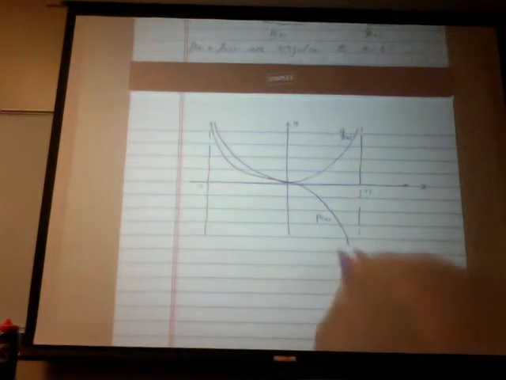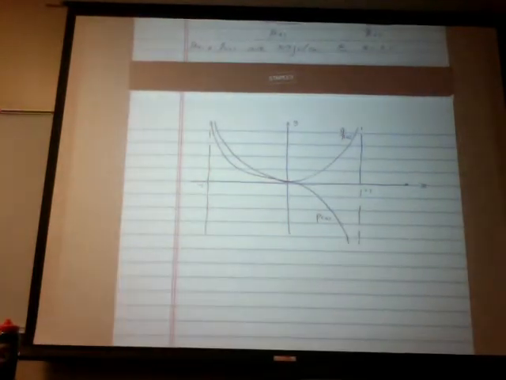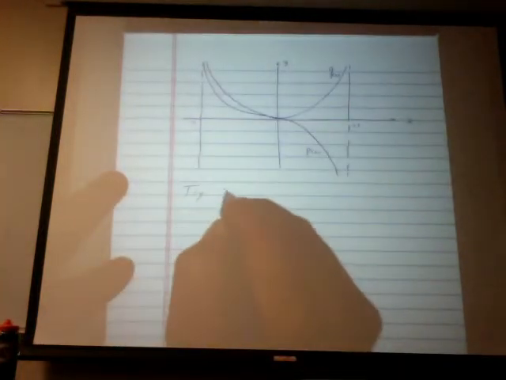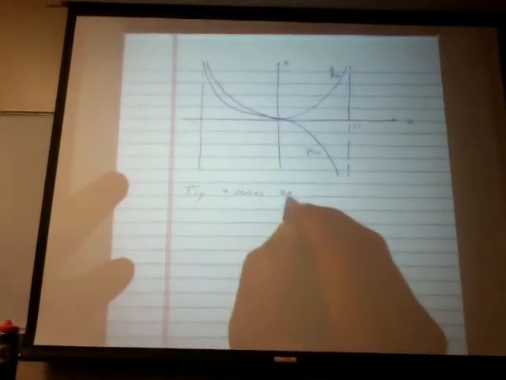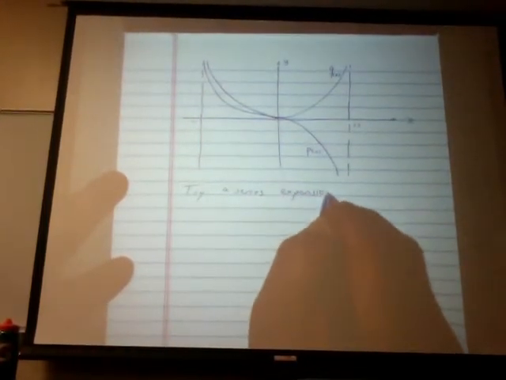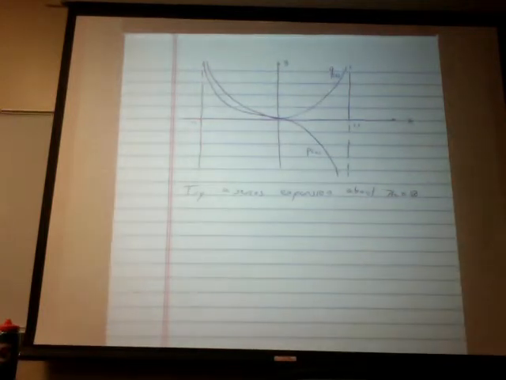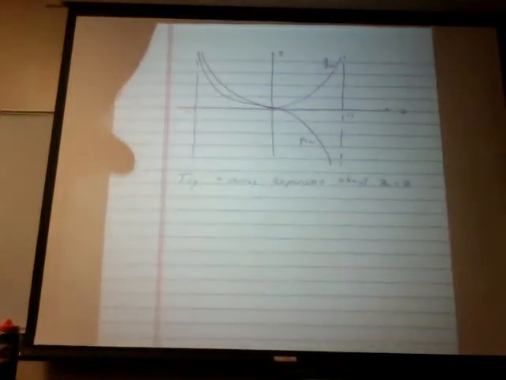But they're both singular at minus 1 and 1. So try a series expansion about x0 equals 0. Okay, you cannot expand about the singularity, about x0 equals minus 1 or x0 equals plus 1, because then your radius of convergence is 0. Basically, the solution is not valid anywhere.